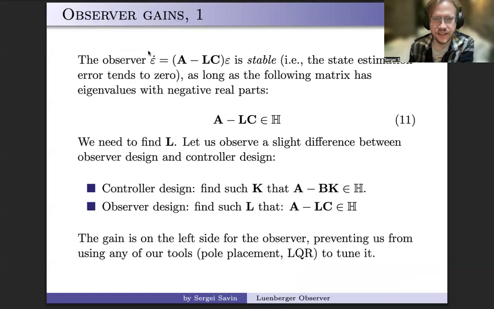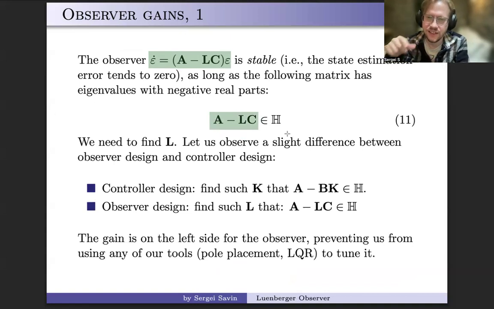So this guy would be stable, and notice it is an autonomous LTI system, so we can discuss stability here. It is stable as long as this matrix is Hurwitz. So this matrix has non-positive real parts of the eigenvalues.